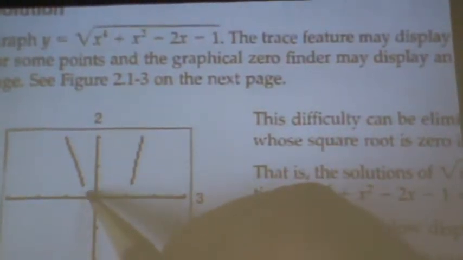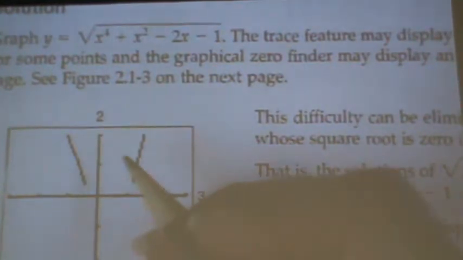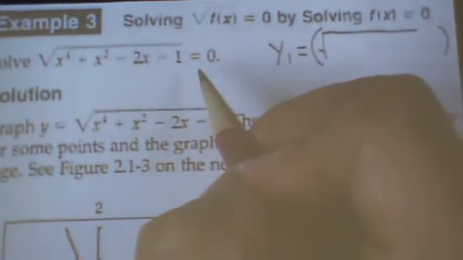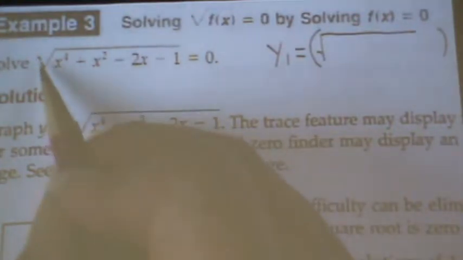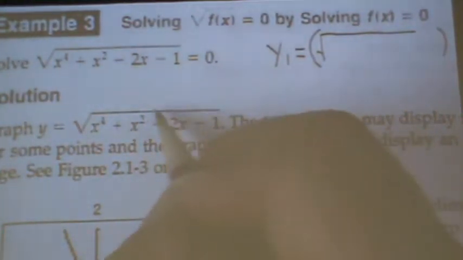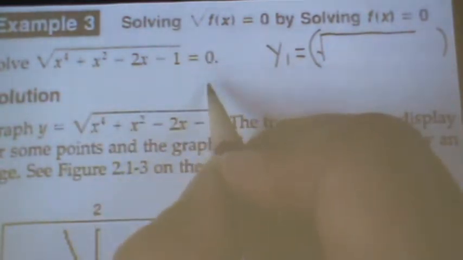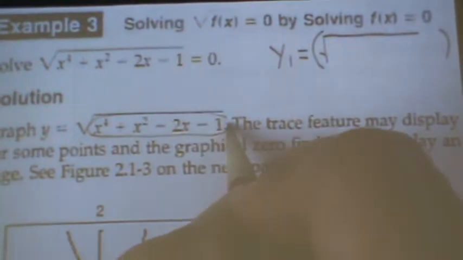Before it hits the x-axis, it's not going to hit the x-axis for you. So for these ones where you have one big radical and stuff underneath the radical, set equal to 0, all you do for this is understand that if this radical is set equal to 0, this underneath must be equal to 0.